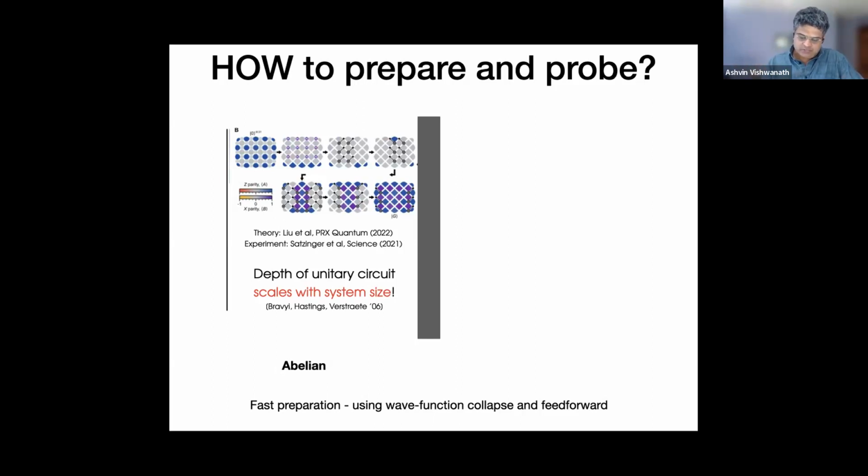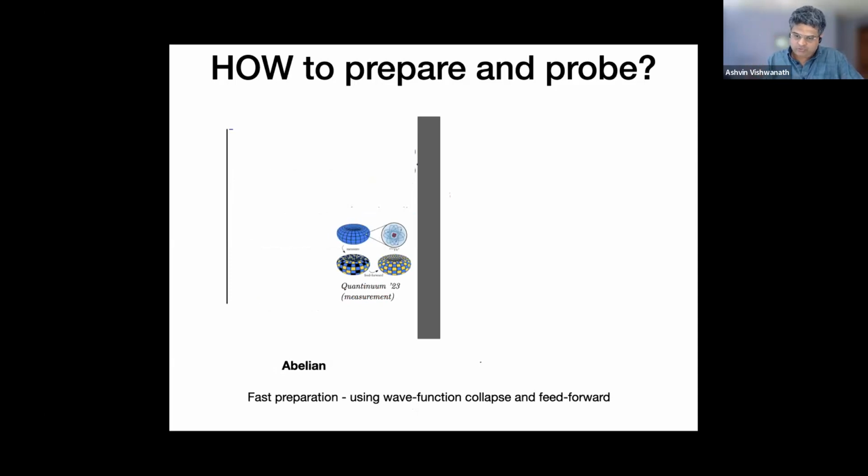So that's how we really got into this, trying to find a quicker preparation scheme for these exotic states. The key ingredient that we'll use is wave function collapse measurement, and then utilizing the result of that measurement to feed forward and determine the next layer of unitaries.